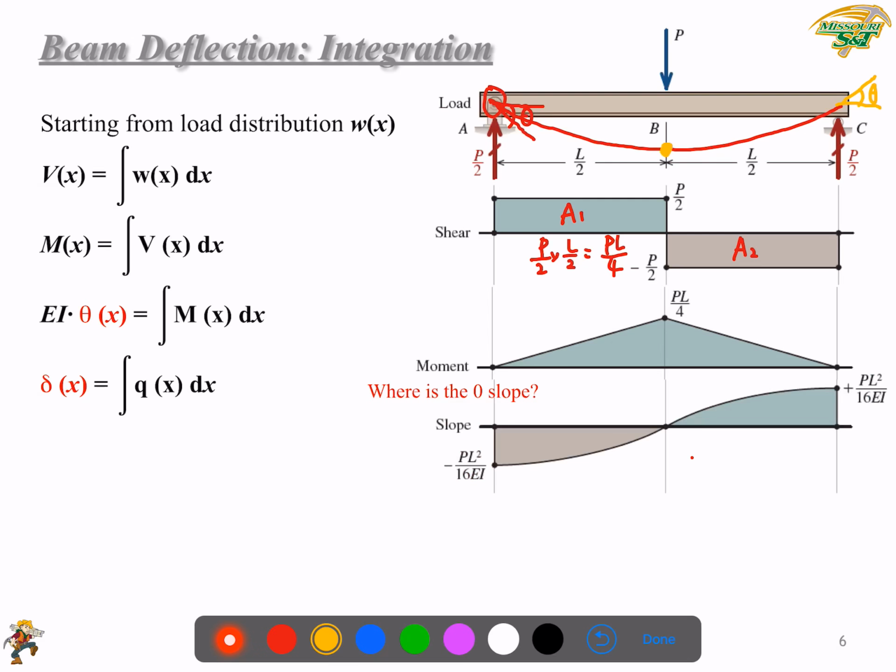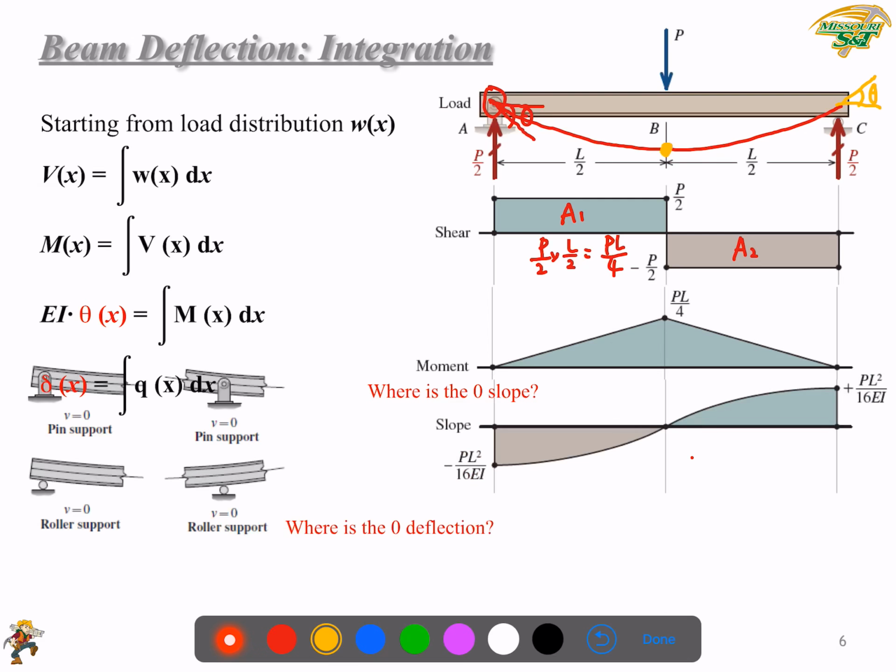Then from the slope to deflection, we need to do another integration. But before that, where do you have 0 deflection? Of course, you will have 0 deflection at point A and point C. Those are the two supports, pin support and roller support, not allowing the beam element to have any vertical deflection.